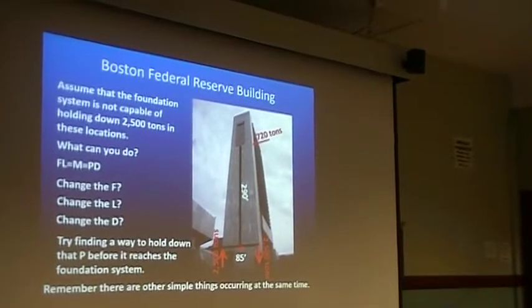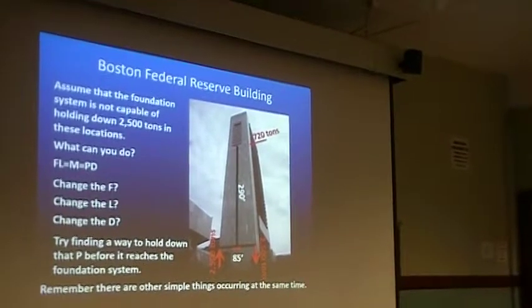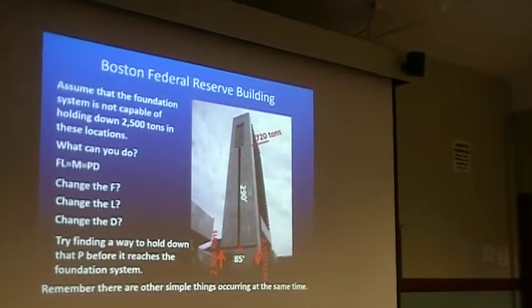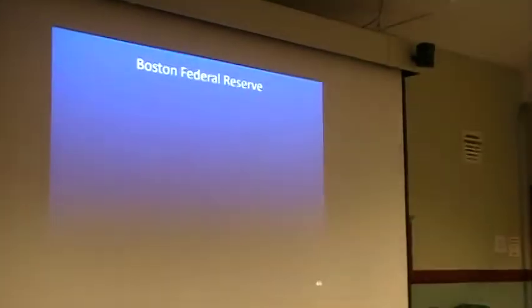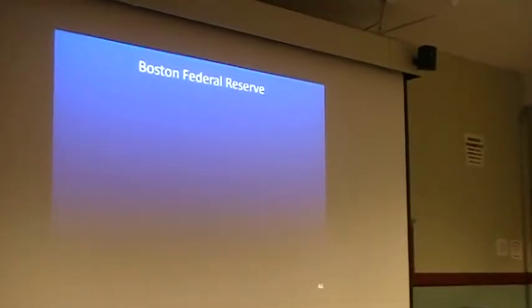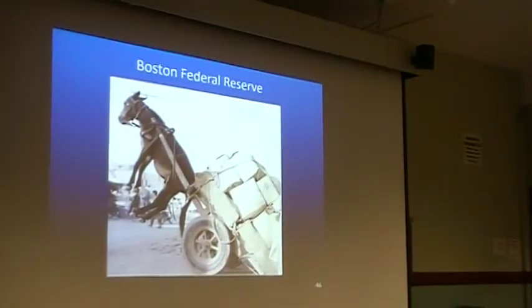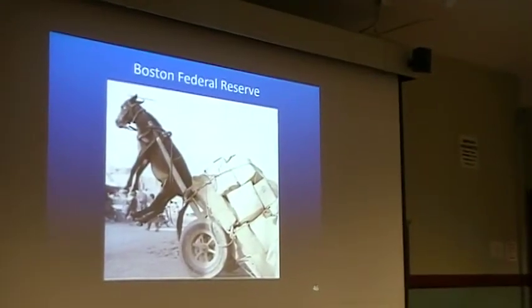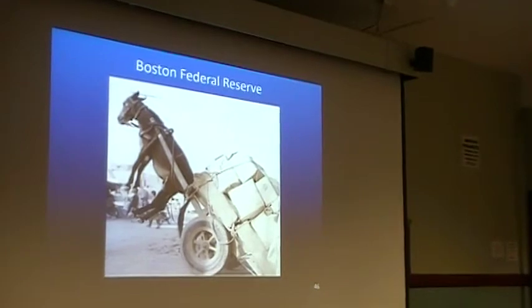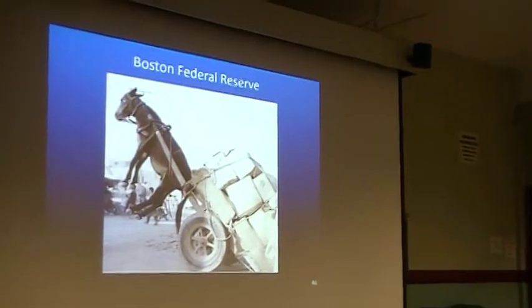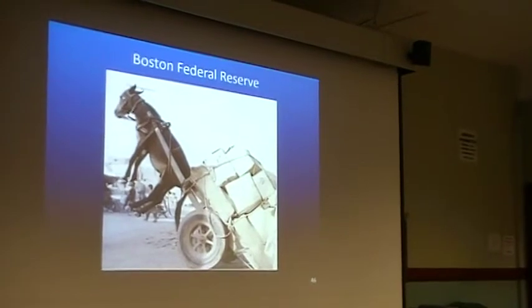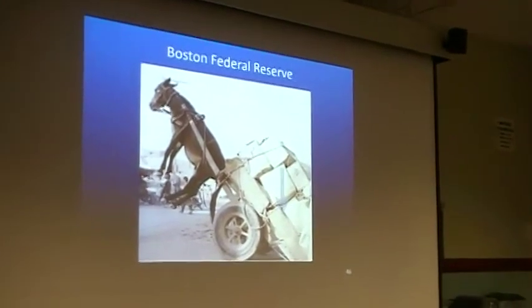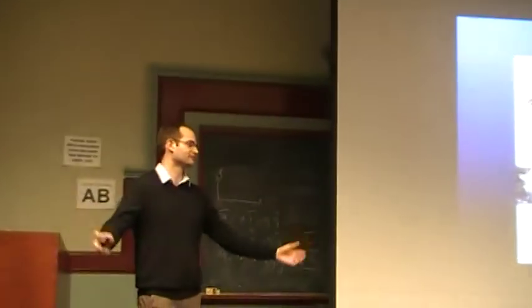But we're engineers, and we know that there are several simple things happening at the same time. Maybe we can make use of one of those other simple things. So this is another conceptual lead. Things weigh stuff.